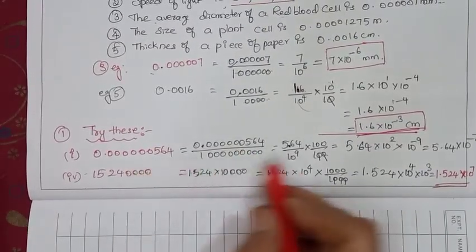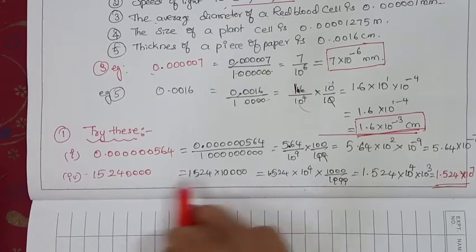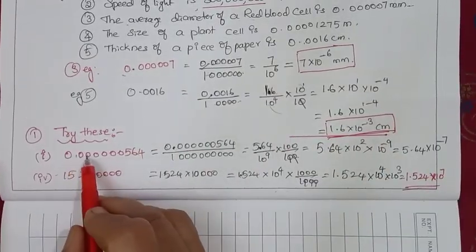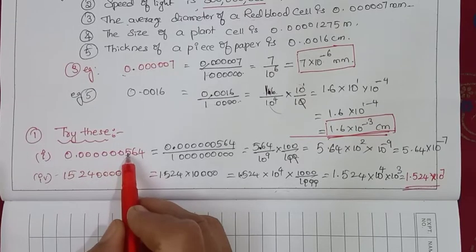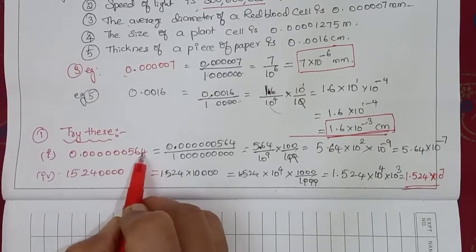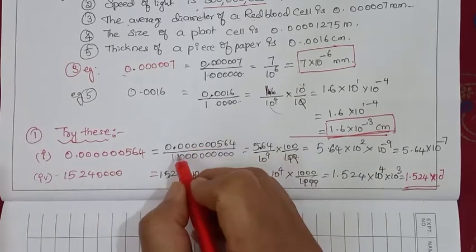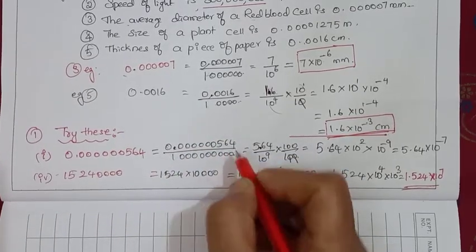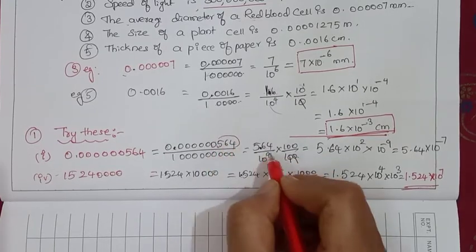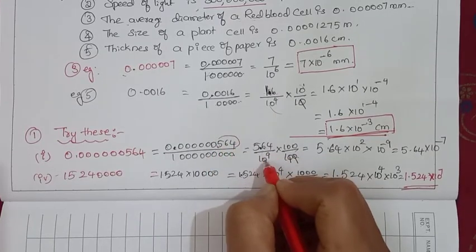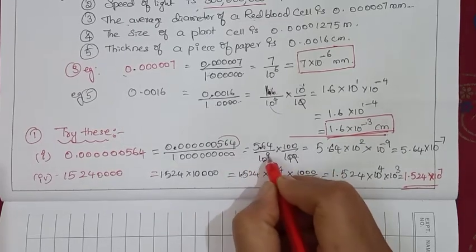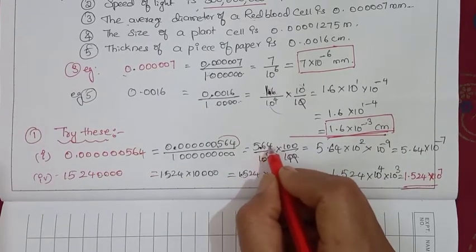Among them, I just completed 2 questions here. So here, the first one: 0.00000000564. Nine digits are there after the decimal, so 9 zeros I took in the denominator, and only 564 I am writing here. After that, in the denominator I am converting into base 10, 10 to the power of 9. Now two more digits are there.